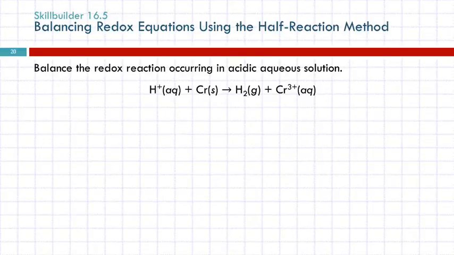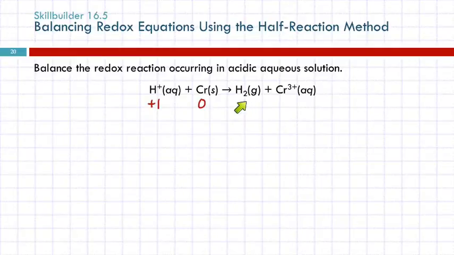Balance the redox reaction occurring in acidic aqueous solution. So the first thing is, what? Oxidation states. What's the oxidation state of H+? +1. So hydrogen ion is +1. And what's the oxidation state of chromium? 0.